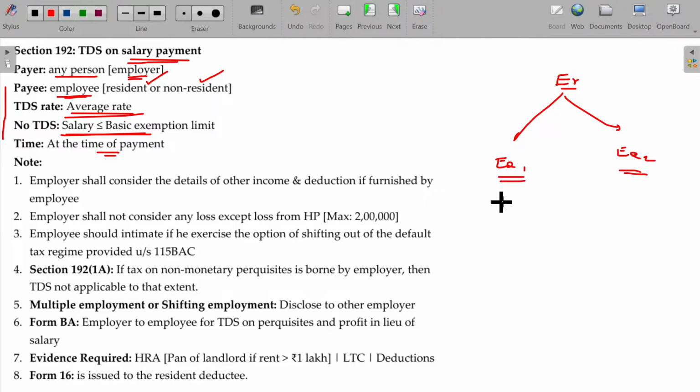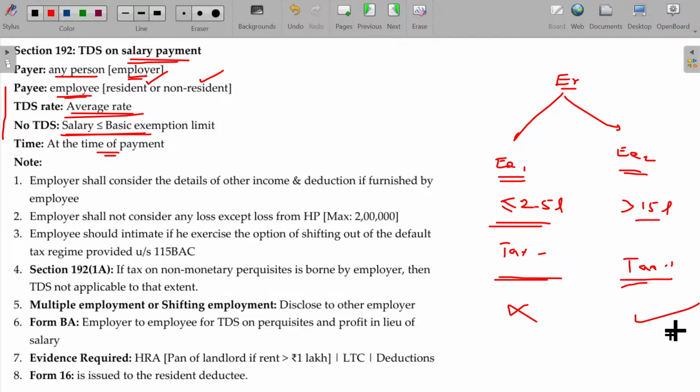If employee 1's salary is less than or equal to 5 lakhs or even 7 lakhs, whatever the case may be, and we will assume the old tax regime, 2.5 lakhs. What about the tax in this case? 0. Then you need not deduct TDS at all. For the other case, it is 15 lakhs, tax is applicable. Then whatever the actual tax is, the tax is split into 12 months and each and every month it is going to be deducted. Clear? Every month this is going to be deductible.